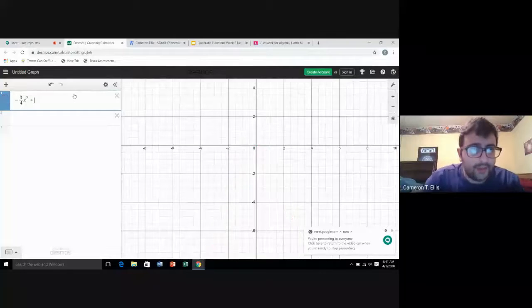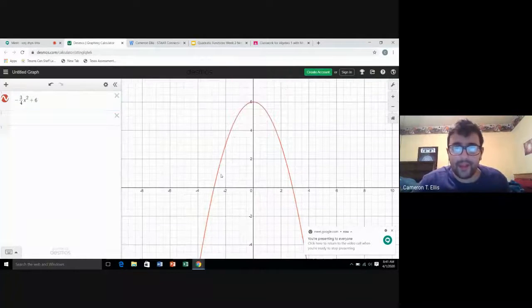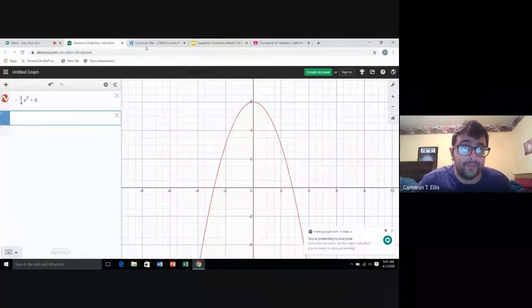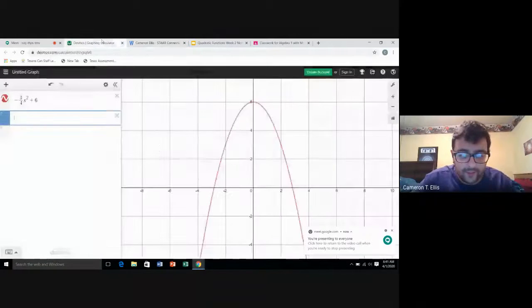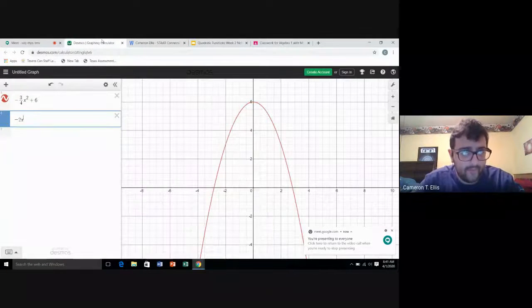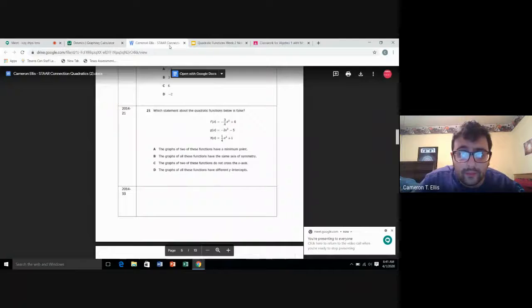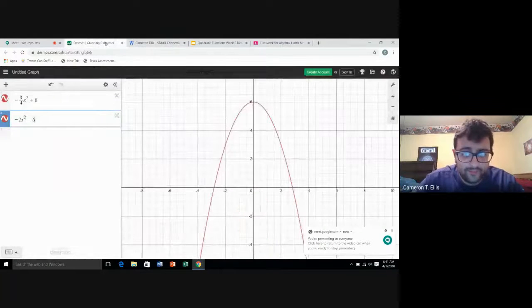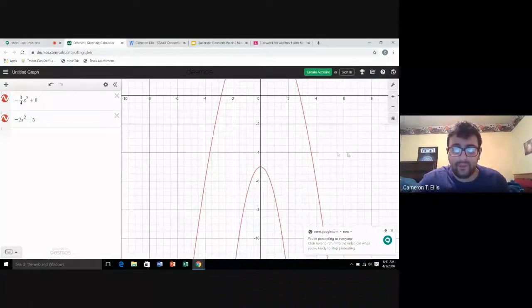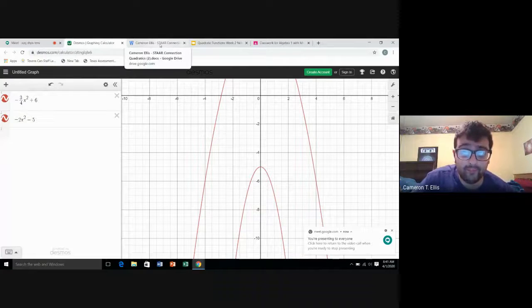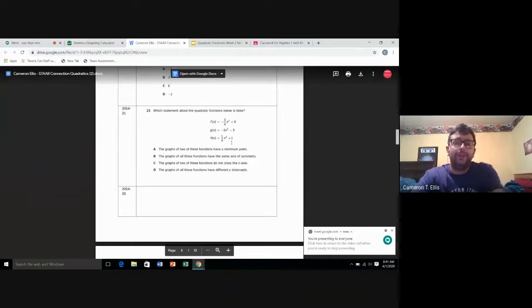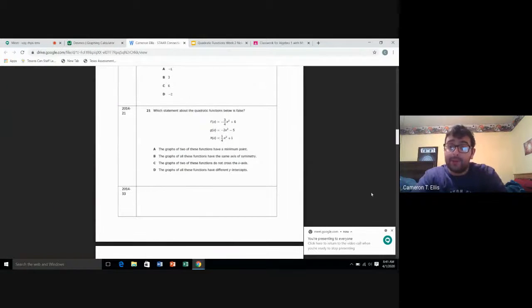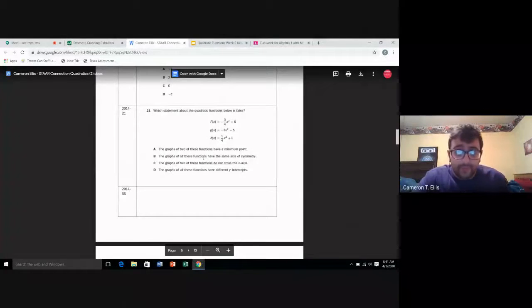Not that the 6 really matters, but yeah, it curves down. See? -2x squared minus 5. That one curves down too, right? By process of elimination, this guy's going to curve up, right? It's positive.